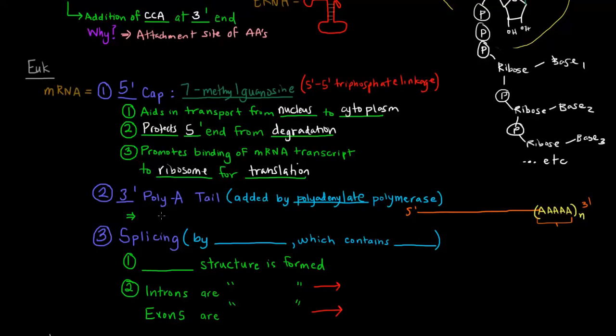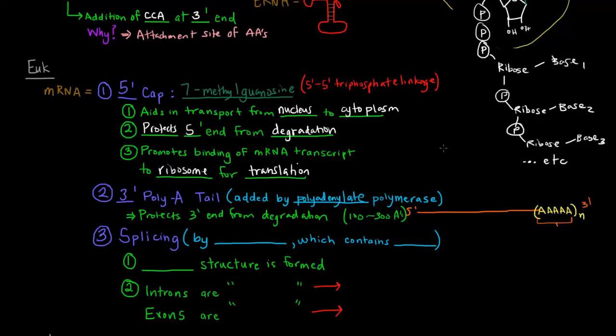What's the purpose of this 3' poly-A tail? Essentially, it protects the 3' end from degradation. And usually there are about 100 to 300 A's that are added to that 3' end.